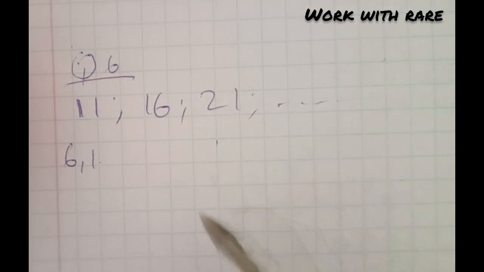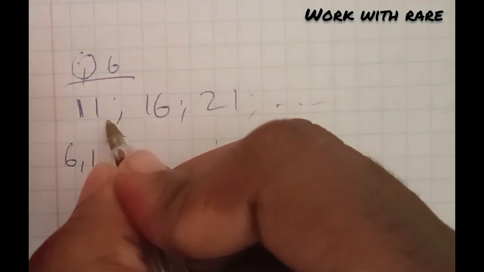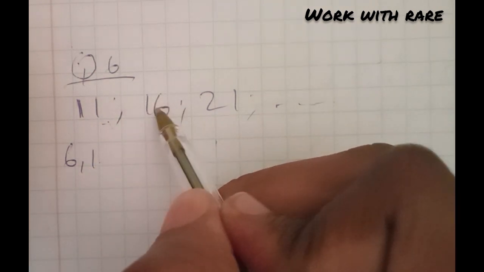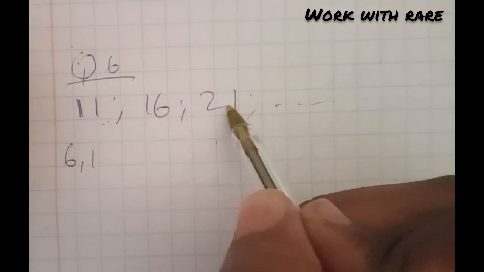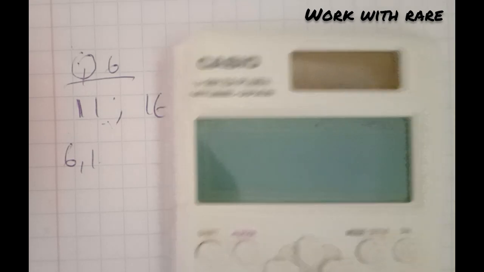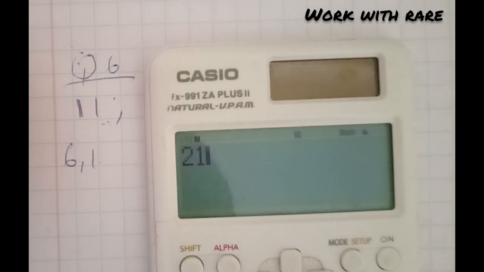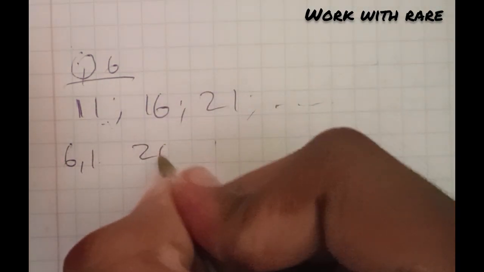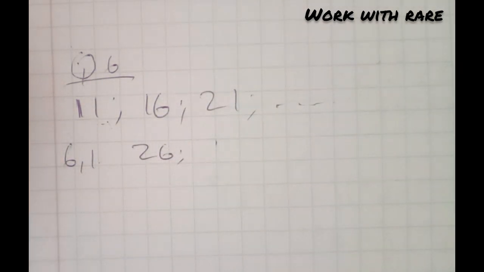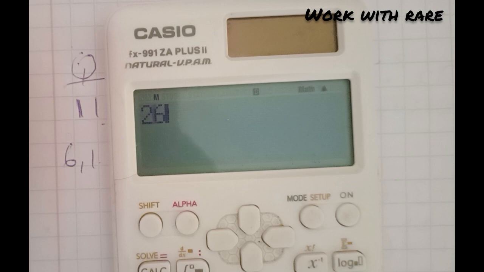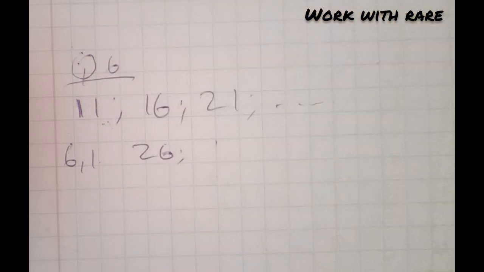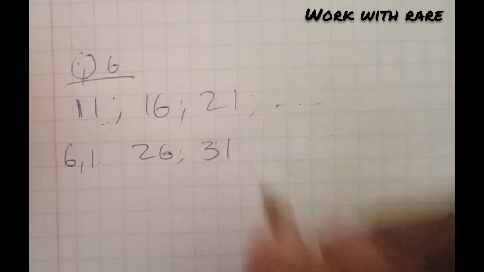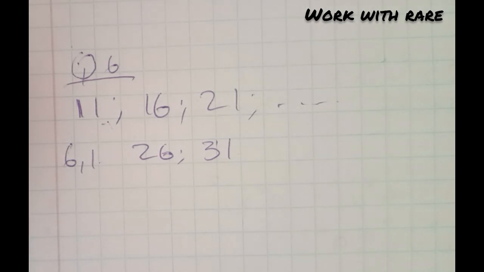So if I add 5 to get here, and add 5 to get here, I will also have to add 5 to get the next term, which is 26. The question says next two terms, so from 26, I say 26 plus 5, which is 31. So these are my next two terms.